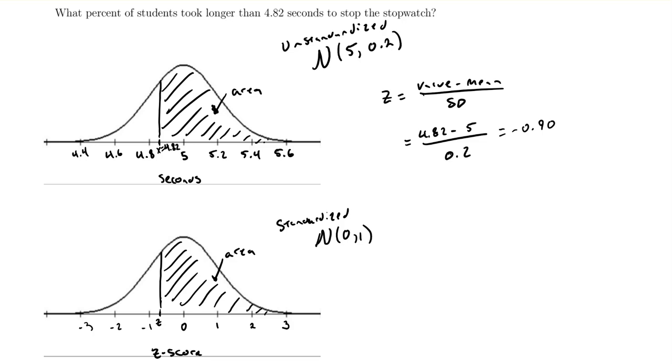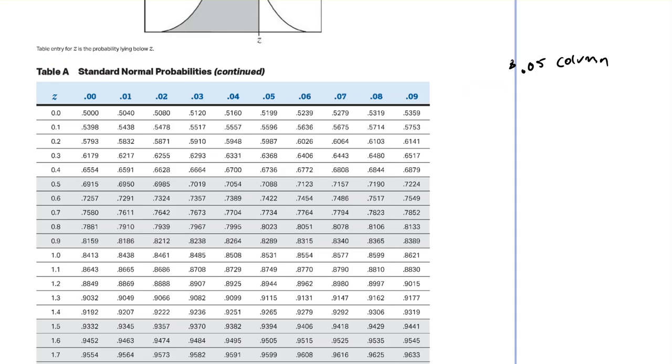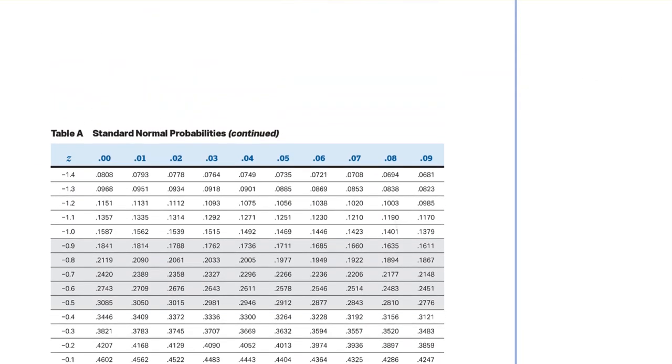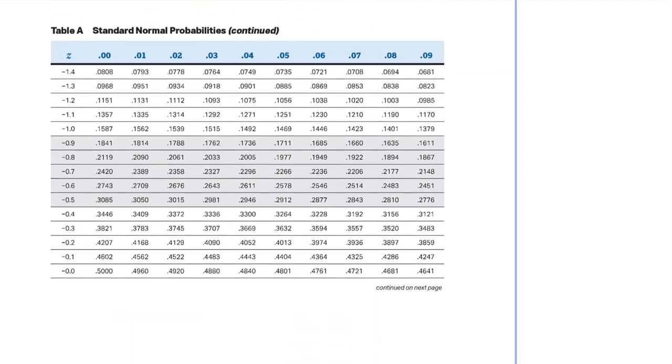Right now, if we're keeping tabs on a grading system, we've done 3 phases of answering our question. Now we go back to our z-score table to find the area corresponding to a z-score of negative 0.9. I'm back at my table here. I'm going to scroll to my negative z-scores, and go to the negative 0.9 row.